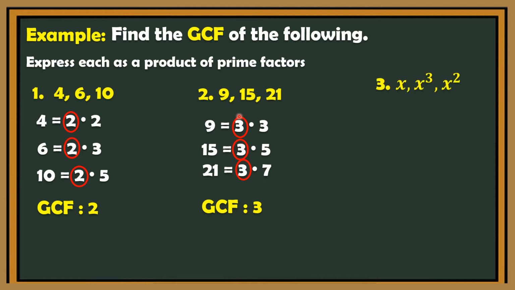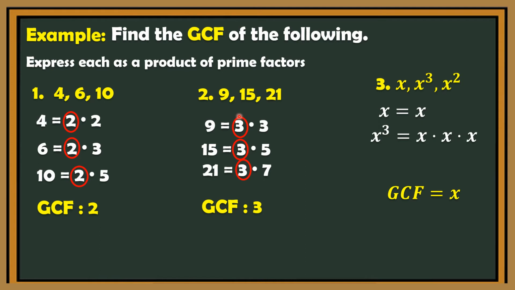Number 3: x, x cubed, x squared. What do you think is the greatest common factor of these literal factors? X. So let us write the factors. X is x. X cubed, that is x times x times x.